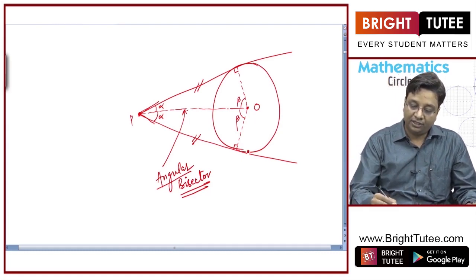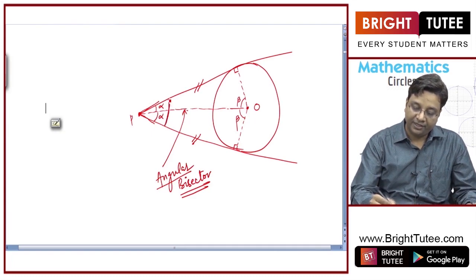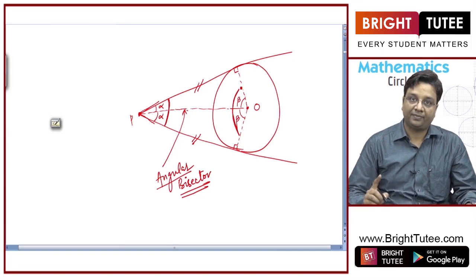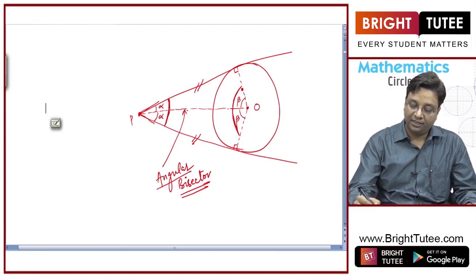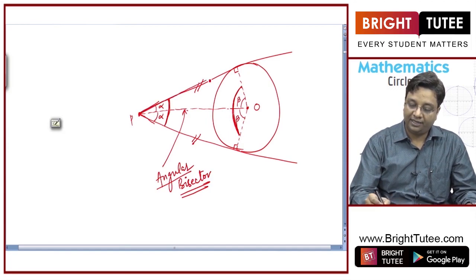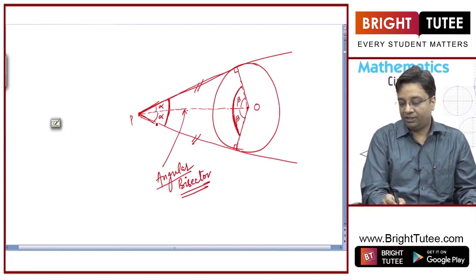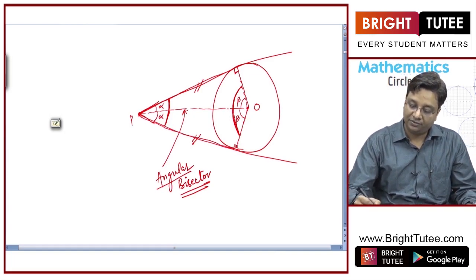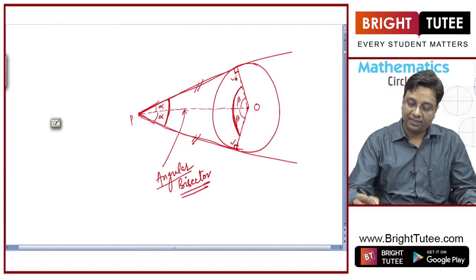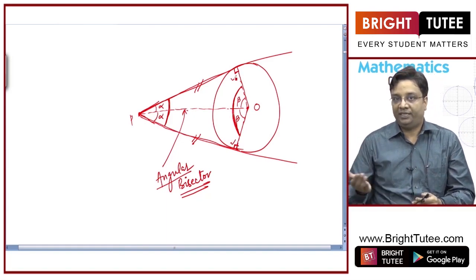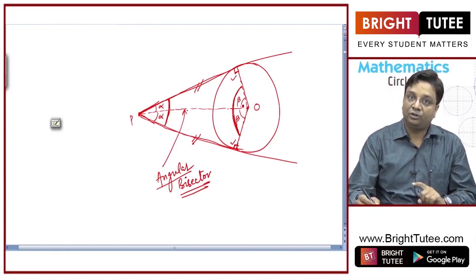Another result was that this angle here and this angle are supplementary. The sum of these two angles is equal to 180 degrees. We just had a glance at this quadrilateral and we could draw this result. In this quadrilateral we know that the sum of these two angles is 180, so the rest of the two angles will also sum to 180 degrees.